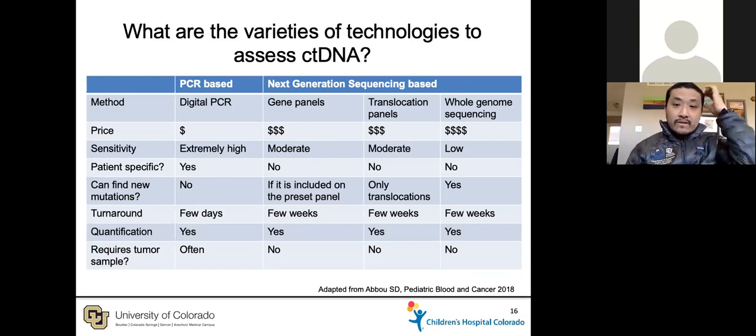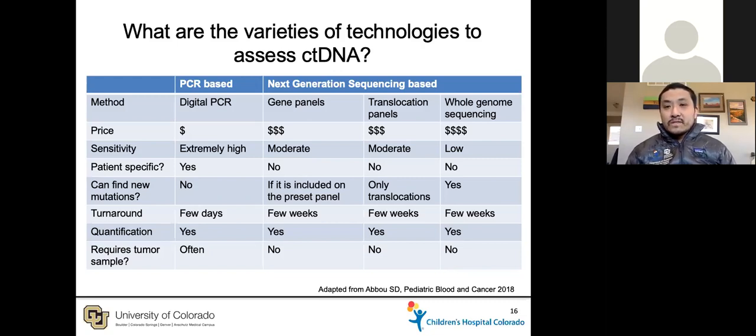Because it's next-gen sequencing based, the turnaround is not that quick, and it is pretty expensive, although next-gen sequencing has become cheaper every year. There are also translocation panels, such as one currently used by the COG through Boston, which targets the commonly known translocations in sarcomas. The challenge is the same: it takes time to turn around, and it's still expensive.